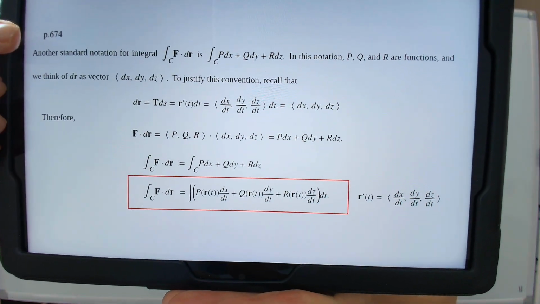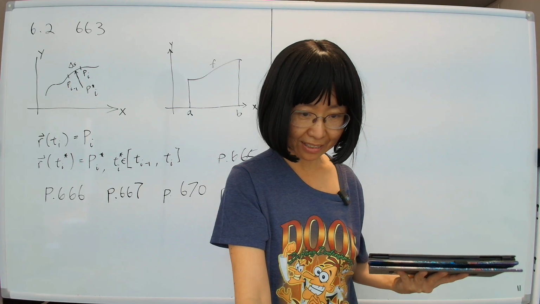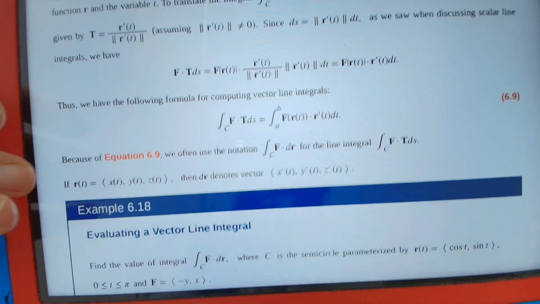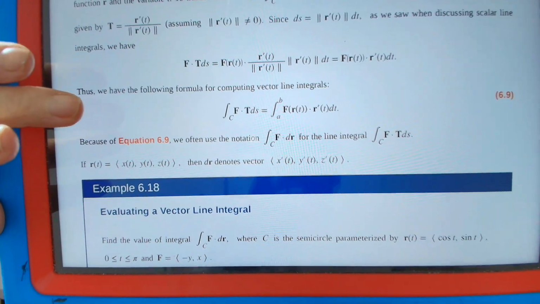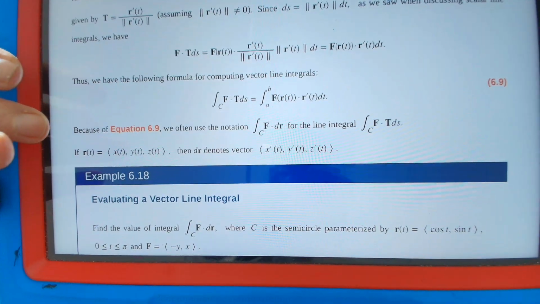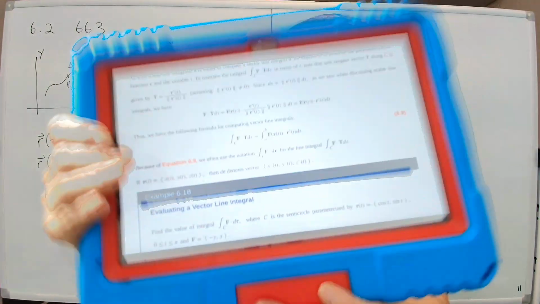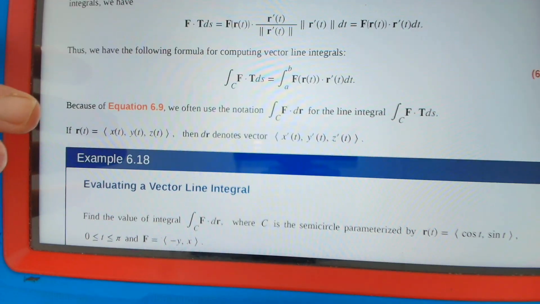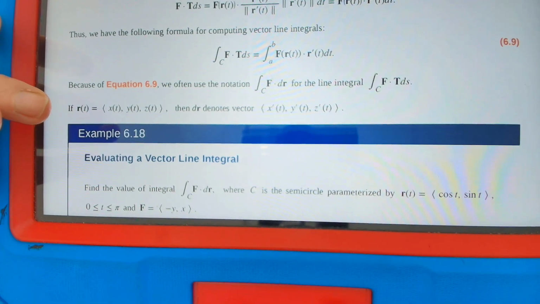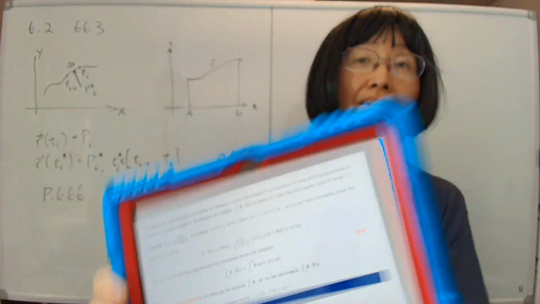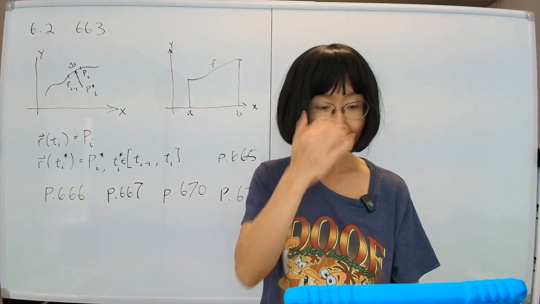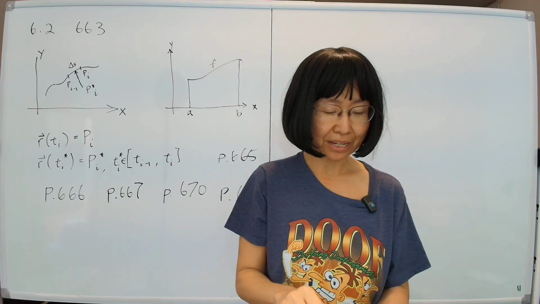Oh, I realized that I forgot to mention a little while ago that when you're doing this integration, the integral of F dot T ds is sometimes also called the integral of F dot dr, not referring to the president, right? And anyway, the integral of F dot dr is sometimes a good way to memorize it. And that is where r is this thing as indicated. Now to do that, dr is the derivative, and then you just plug it in and everything works out. So that's examples 18 and 19.